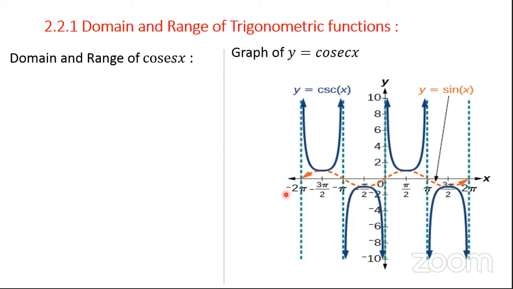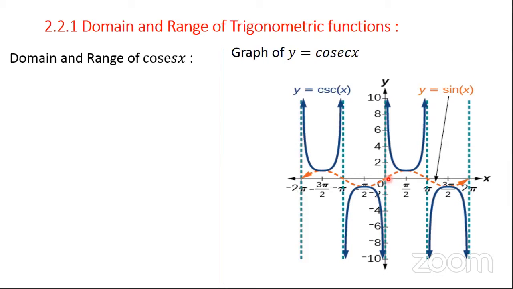For sin x, we have already seen the domain is real numbers and the range is -1 to +1. Cosec x means 1 upon sin x. If we see, sin 0 is 0, then cosec 0 means 1 upon sin 0, but sin 0 is 0. So cosec 0 is undefined.